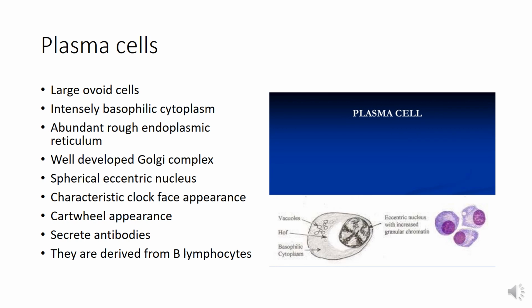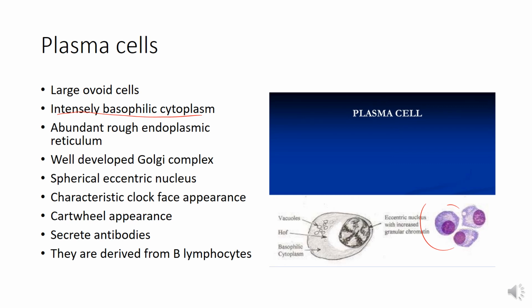So plasma cells are large ovoid cells with intensely basophilic cytoplasm. So you can see here, due to the presence of abundant rough endoplasmic reticulum, well developed Golgi apparatus, and the ribosomes, of course, because these cells make the antibodies, and antibodies are protein in nature.